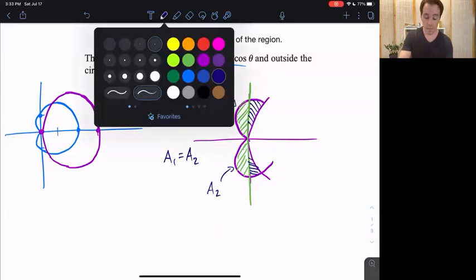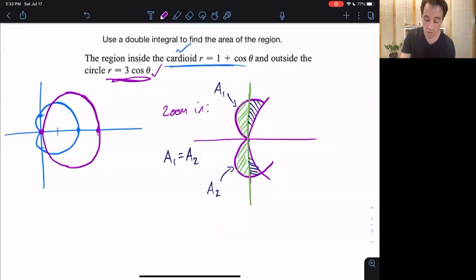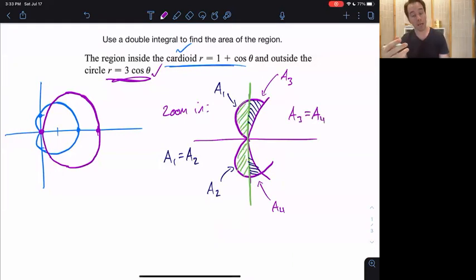For the same reason, it will also be sufficient to say if this is area 3 and this is area 4, then since area 3 equals area 4, we can just find one of those and then double that. So we don't have to worry about what could be this intimidating jump over an axis, or these regions being disconnected in some way. We can find just one and we can calculate it like that.